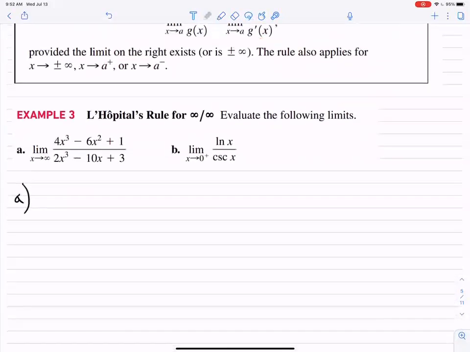So let's do this. So the limit, let me save myself some time. So plug in, and you get infinity over infinity. And so let's do L'Hopital's rule.